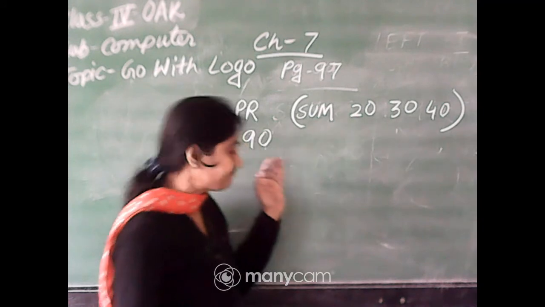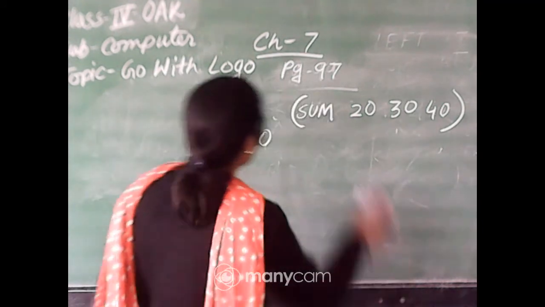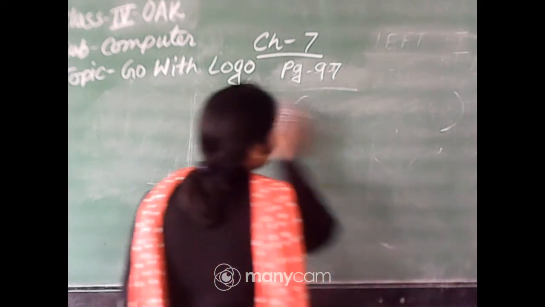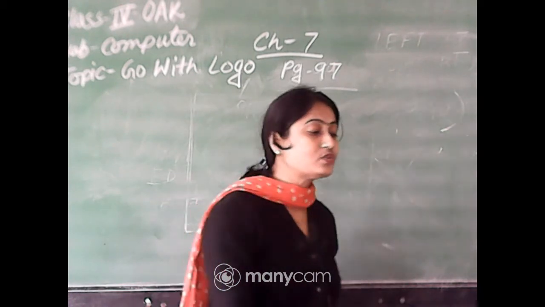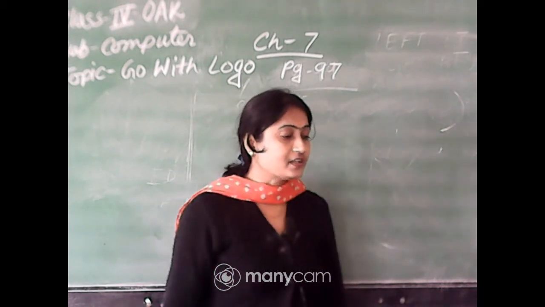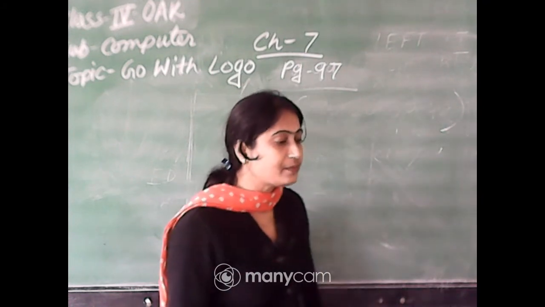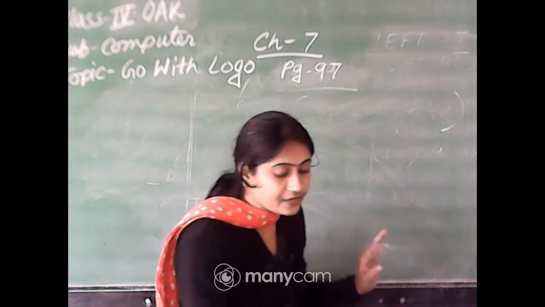Okay, fine. Now, the sum function we use to add numbers. For addition we can use the sum function. Now if you want to subtract, the function is difference. The subtraction function name is difference.